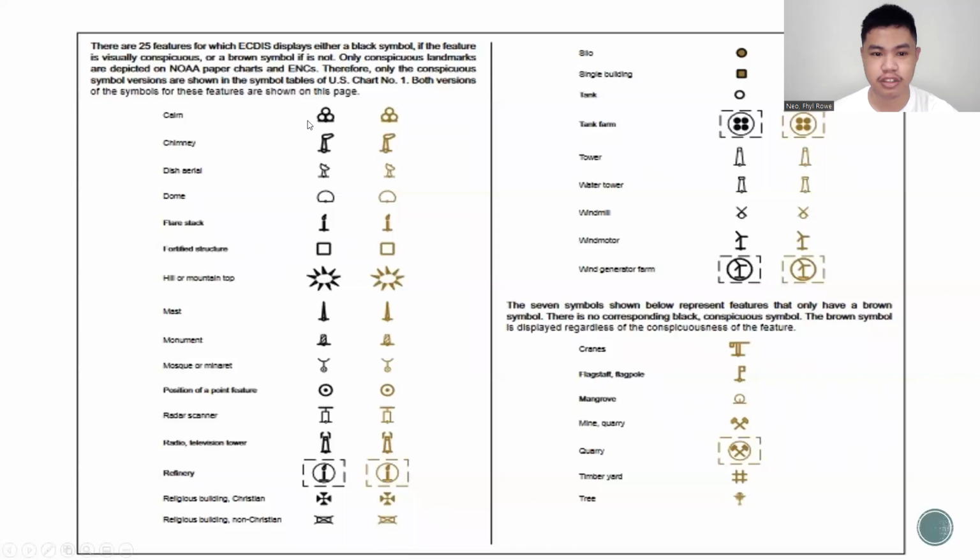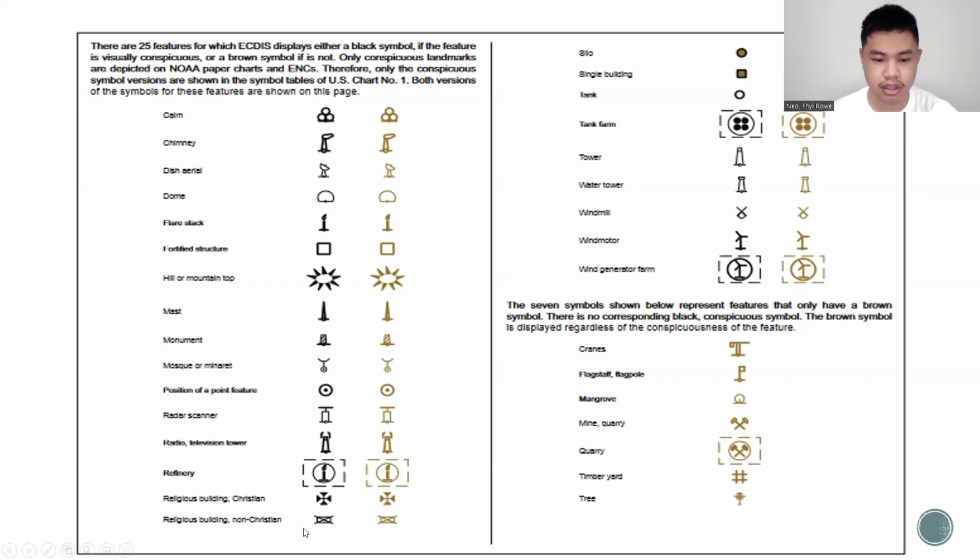The calm, which is these symbols right here, the chimney, the dish aerial, or basically the satellite dish, then the mast, the radar scanner, more like a bell sort of thing. The refinery, more like a candle on a box in a circle.